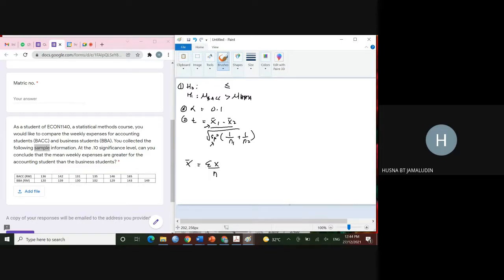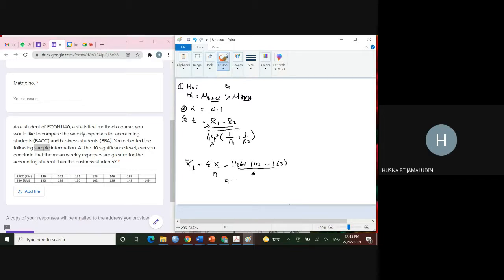To compute x1, because I'm talking about accounting first, then the BBA, my x1 is the accounting students. The summation is 136 plus 142 and so on until 165, divided by how many observations? 1, 2, 3, 4, 5, 6. Is it 6? Okay, given all this, what do you get?